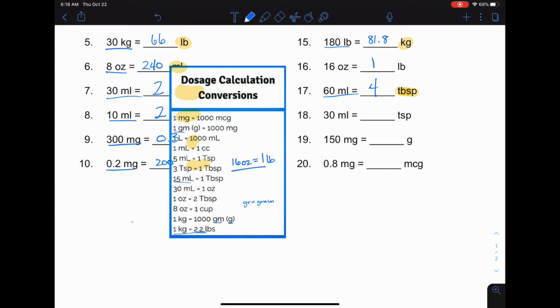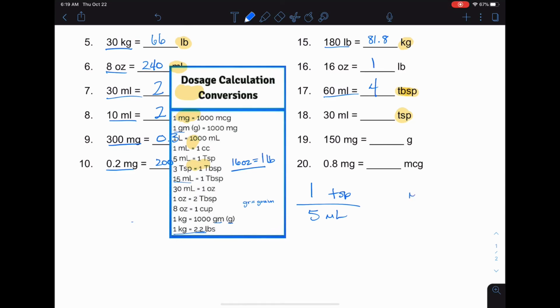All right, number 18, 30 mils is equal to how many teaspoons? So let's see if we have a teaspoons to mil conversion. So 1 teaspoon is equal to 5 mils. Trying to get to teaspoons, so we'll start there. 1 teaspoon is equal to 5 mils.